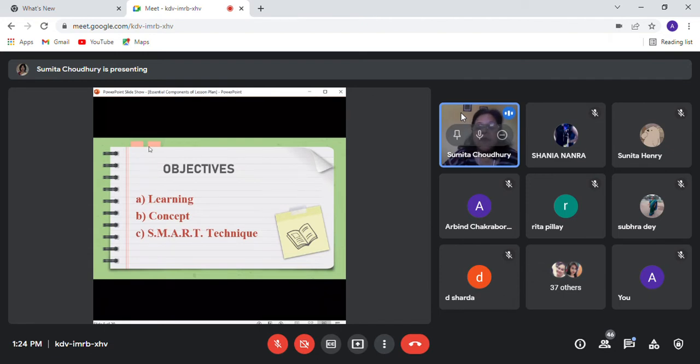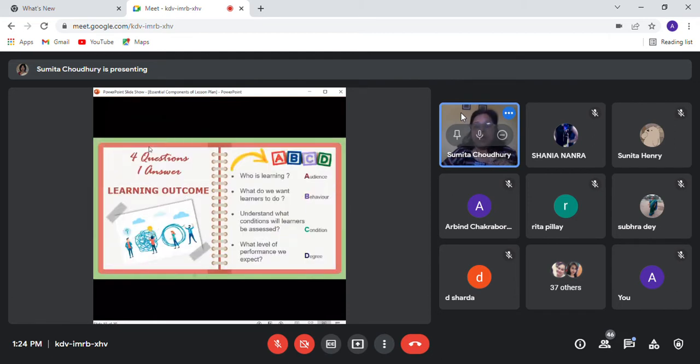The full form of SMART is S means specific, M means measurable, A means attainable, R is result oriented, and T is time bound. This technique helps us to frame our objectives and set our goals according to these parameters.